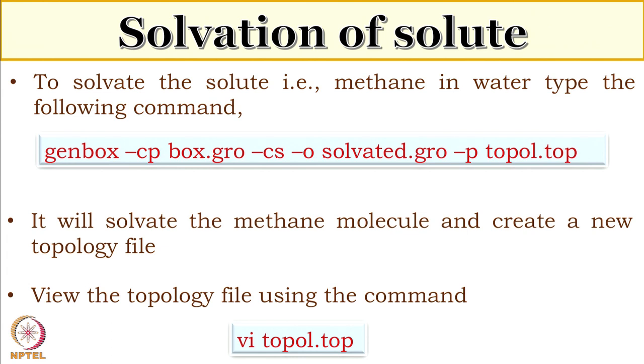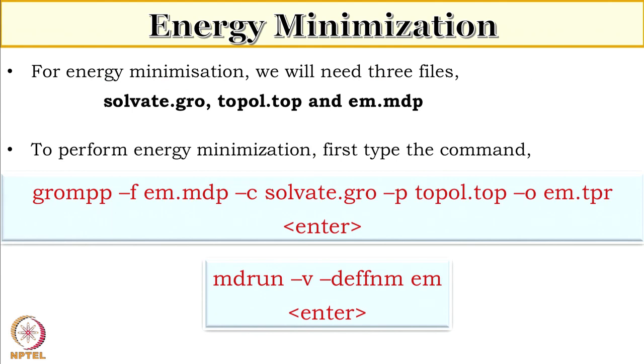So it will solvate my methane molecule and create a new topology file. We can view the topology file by using the command vi topol.top, and now we will perform energy minimization. So we have solvated.gro, which is methane solvated by water, then we have topol.top, and we have em.mdp.